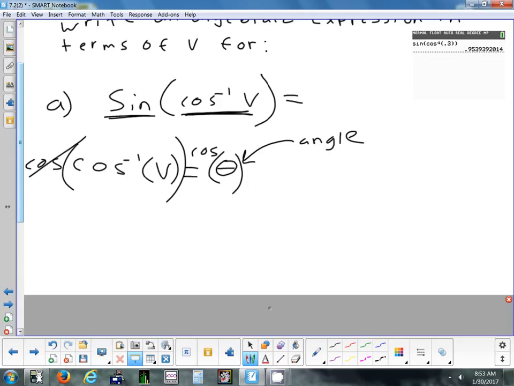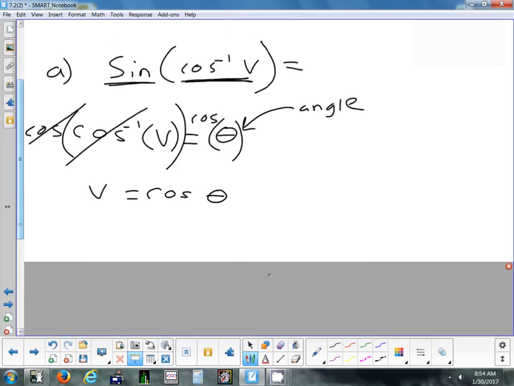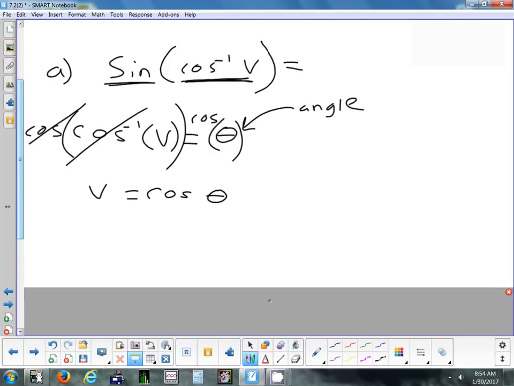What you just did is cosine of inverse cosine, so you canceled them out. What's on the left-hand side now? Theta's cosine is on the left, and on the right we have v. So now it says the cosine of some angle equals v.